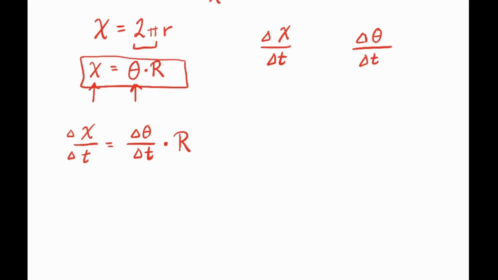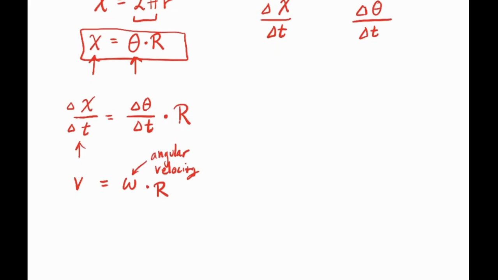But now instead of it being this, I'm going to call it velocity. And on the right-hand side, if I'm looking at how my angle changes over time, then that would be my angular velocity. And so this omega is angular velocity times r.